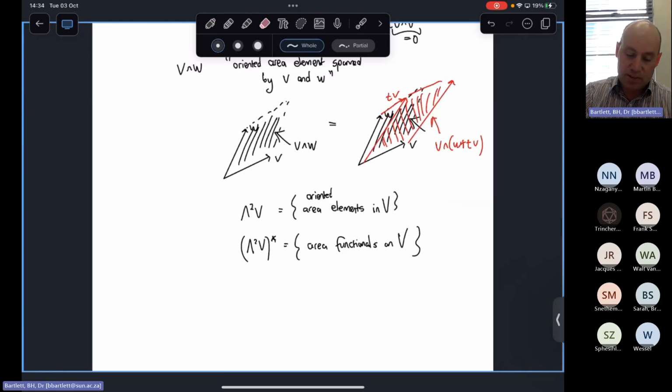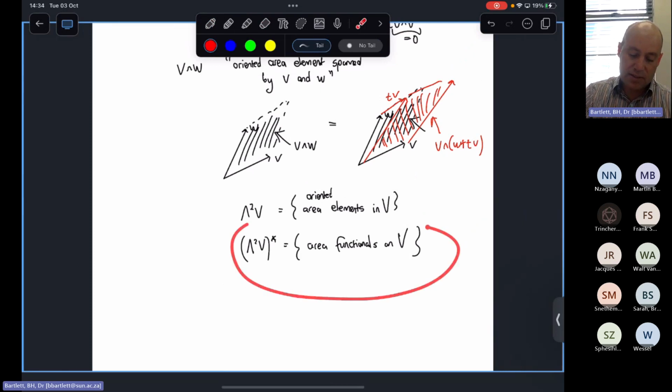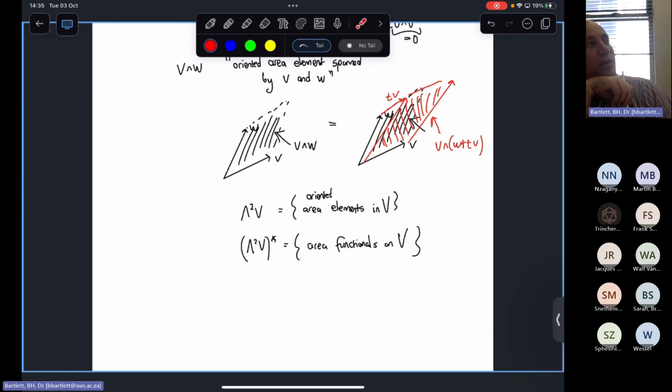And that means that, for example, the dual of that space will be the space of area functionals on V. Okay. The second exterior power of V is the area elements. The dual of that space would then be things that assign to an area element a number. So they will be area functionals.